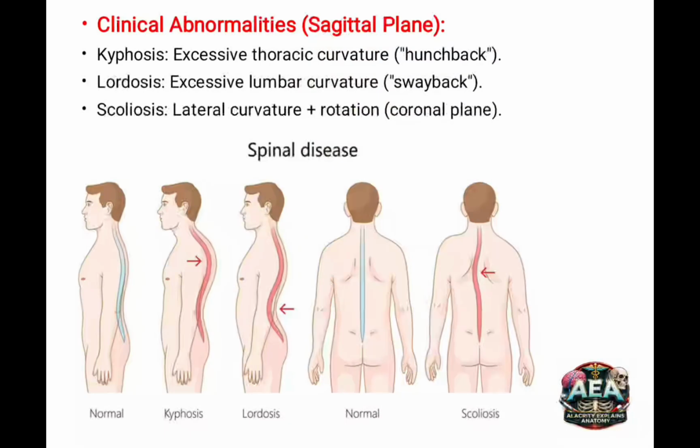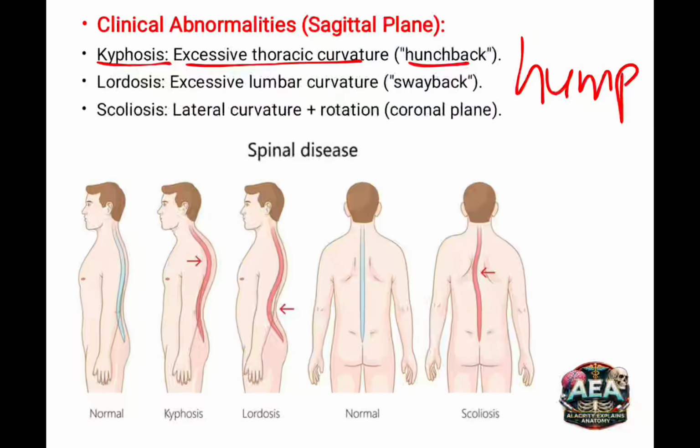Now, clinical abnormalities. Looking at it from the sagittal plane, we have kyphosis, which can be described as abnormal or excessive thoracic curvature, like a hunchback. Hunchback can also be called humpback. Take note that either is correct.